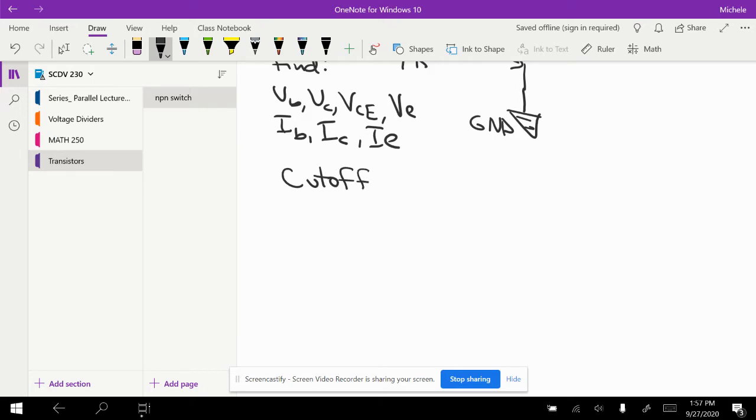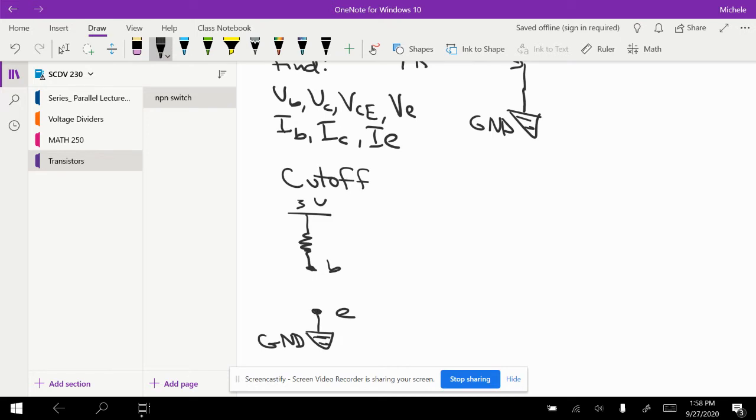When my transistor is off, I can draw this is my 3 volts. This is my base. I've got a diode, that's my ground, and that's my emitter. So remember, this is ground. And when this is off, I'm actually going to erase this, and I just have this.